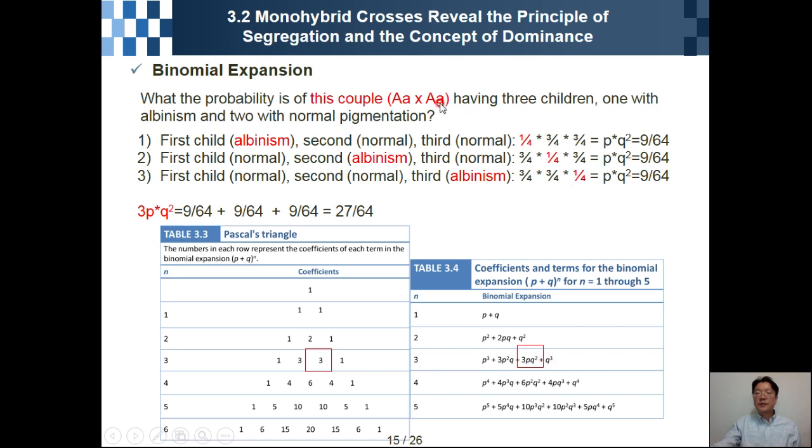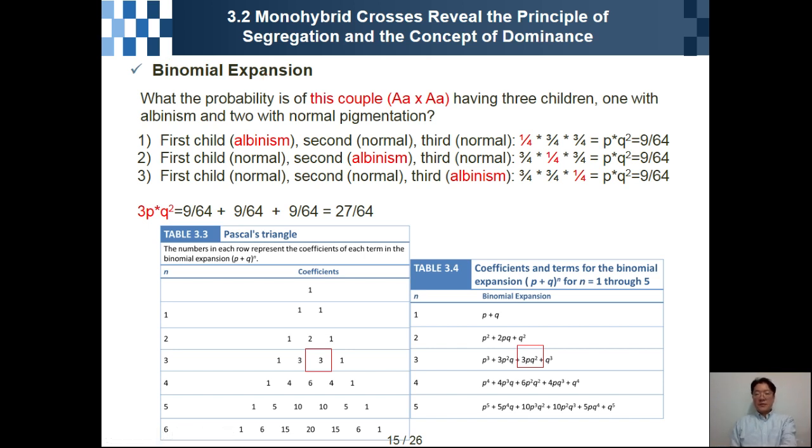One child with albinism gives only 1 p, and the other 2 children with normal pigmentation give q square. So the probability is 3pq squared. We can solve the problem like this using the binomial expansion.